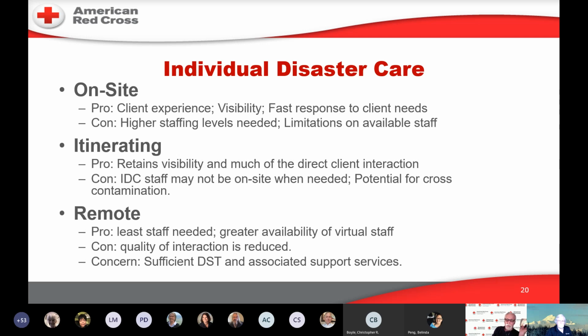All of them work. Each has advantages and disadvantages as reflected here. I don't know how much we're doing itinerating. I saw some people in disaster health services on the list of participants. Are you doing itinerating now? I suspect not in the COVID era. Actually, we are. If we do multiple congregate shelters, then we have an itinerating manager.